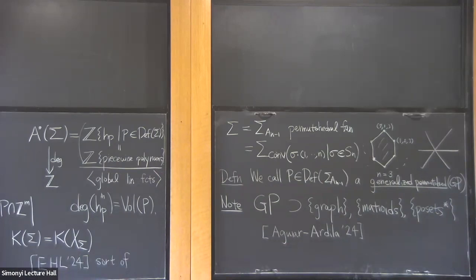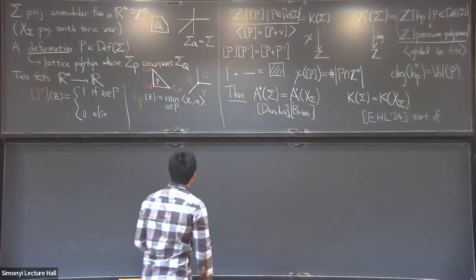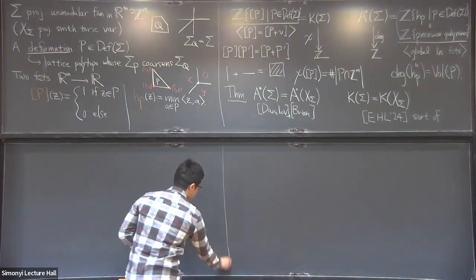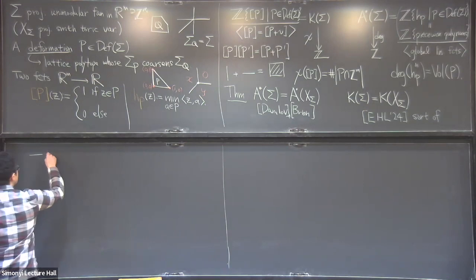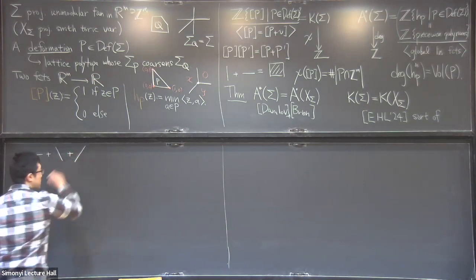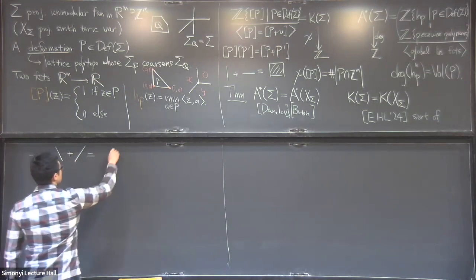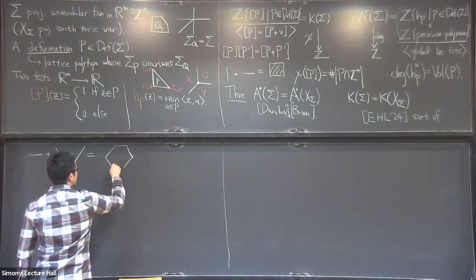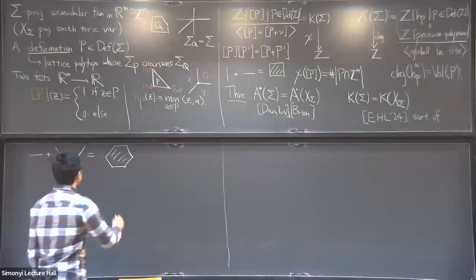And there are many results that I like about generalized permutahedra. But let me highlight one for time's sake today. And this one is due to Postnikov. To state it, I need one more notion, which I will define by just drawing some pictures. So if I take the Minkowski sum of these three things, it turns out to be a permutahedron, although that's not critical.